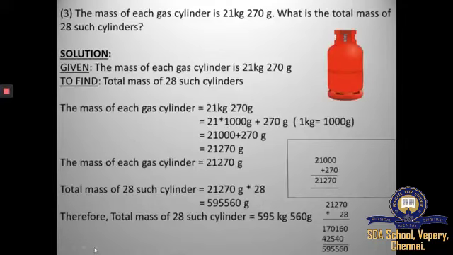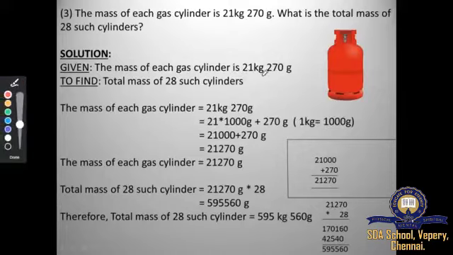The mass of each gas cylinder is 21 kg 270 gram. What is the total mass of 28 such cylinders? So, the mass of a gas cylinder is given to be 21 kg 270 grams. We have to find the total mass of 28 such cylinders.